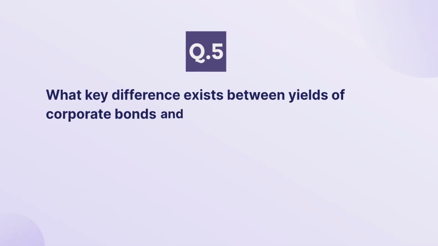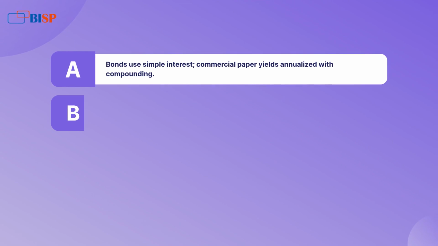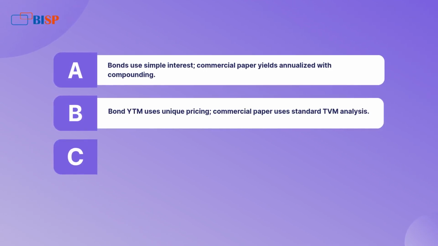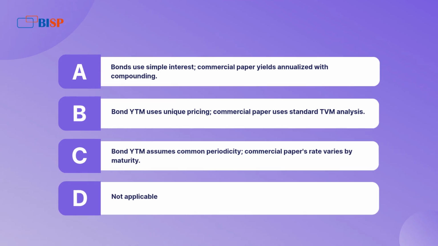What key difference exists between yields of corporate bonds and 90-day commercial paper? A. Bonds use simple interest. Commercial paper yields annualized with compounding. B. Bond YTM uses unique pricing. Commercial paper uses standard TVM analysis. C. Bond YTM assumes common periodicity.